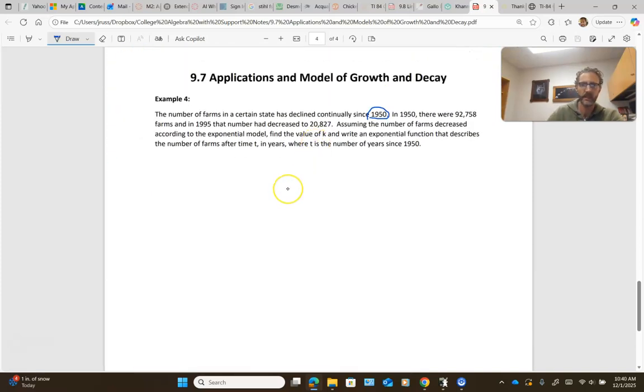All right, so the future value, or the future number of farms, is the 20,827, and that will equal, remember your function template here, okay? And that will equal the initial value, or the initial number of farms, in this case, which is 92,758, times e to the power of k.